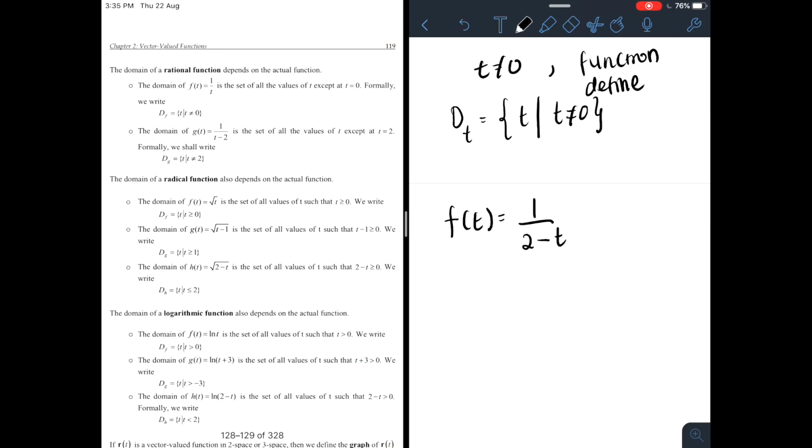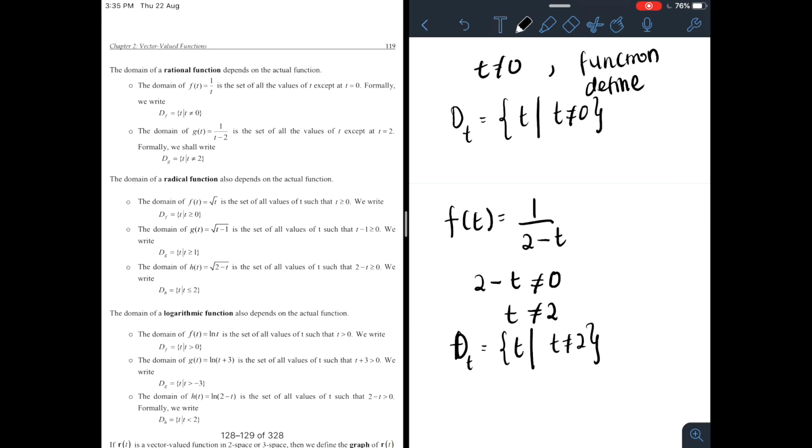So in this case, you have to make sure 2 - t is not equal to 0, so t is not equal to 2. When you represent the domain of this rational function, you will have D_f = {t such that t is not equal to 2}.